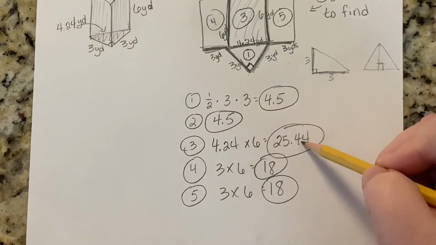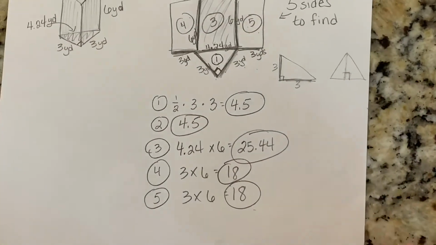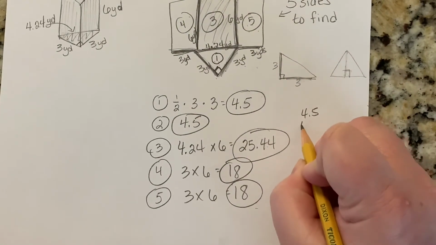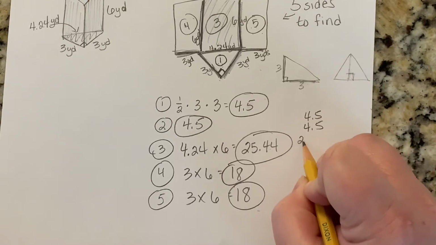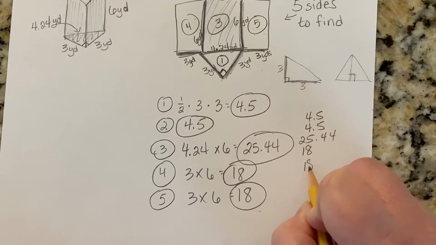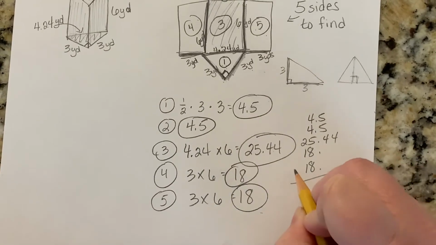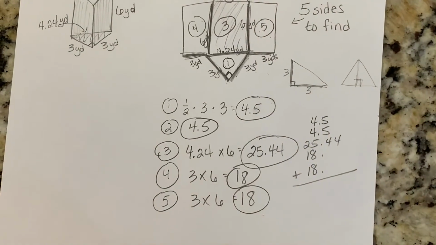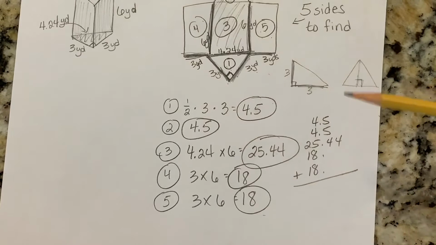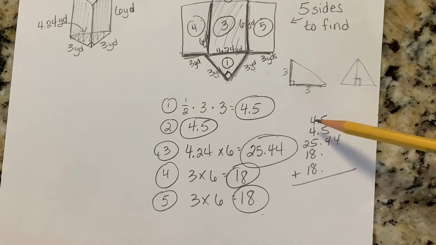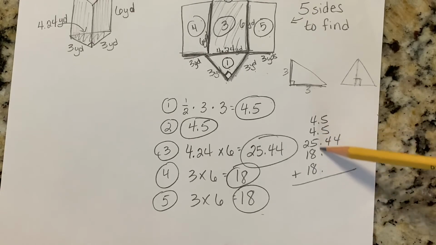Now, all we have to do is add all those up. So we're gonna add up 4.5, which I would do on my calculator, 4.5, 25.44, 18, and 18. If you're not doing it on a calculator, I would suggest you do that. But if you don't have a calculator either on your phone or, you know, it doesn't even have to be a fancy calculator, just something that you can put a decimal and a plus sign with, I would make sure that you line up your decimals.